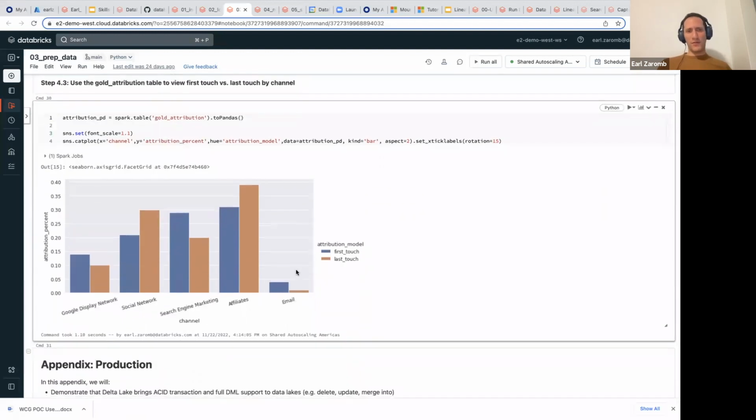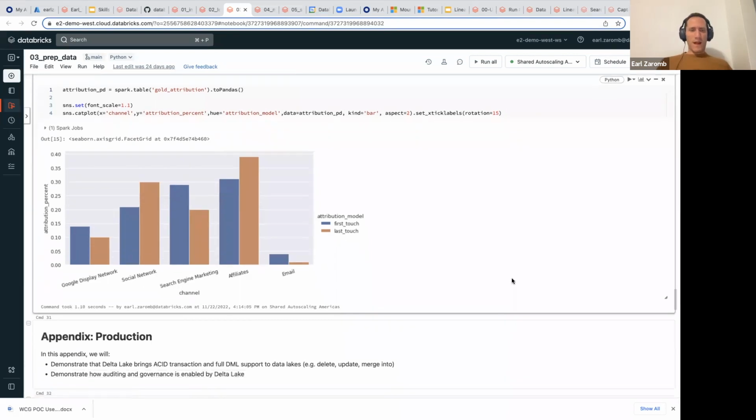We now have this nice graph at the end, and what it's telling you is that, for example, for Google display ads, we'll see higher performance as a first touch versus a last touch, while social networks are kind of the opposite: they tend to perform better towards the end rather than at the beginning. This gives you some interesting insights about which ones are starting at the beginning or at the end.